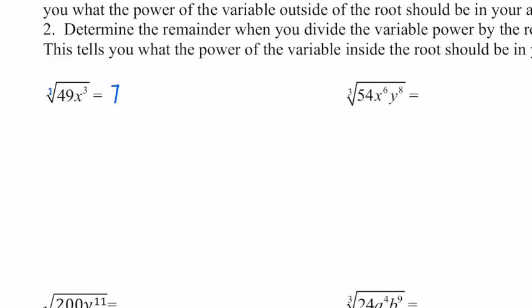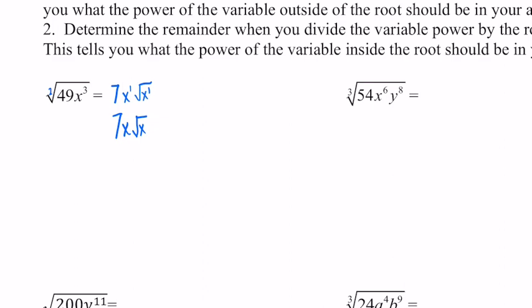Then for the square root of x to the third, we need to think how many times does 2 go into 3? 2 goes into 3 once with a remainder of 1. Since it goes in there once, we have x to the first. Since the remainder is 1, we would have x to the first still left under the square root. And normally we would see this written as 7x square root of x.